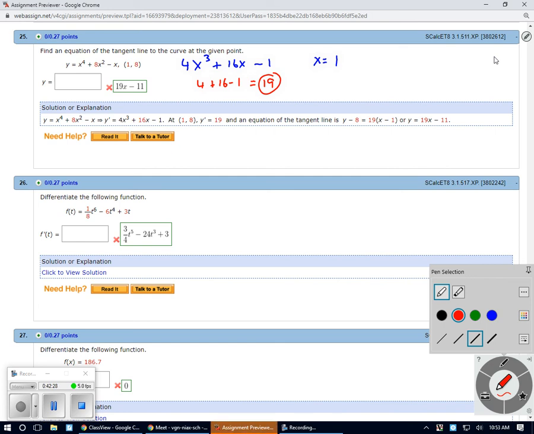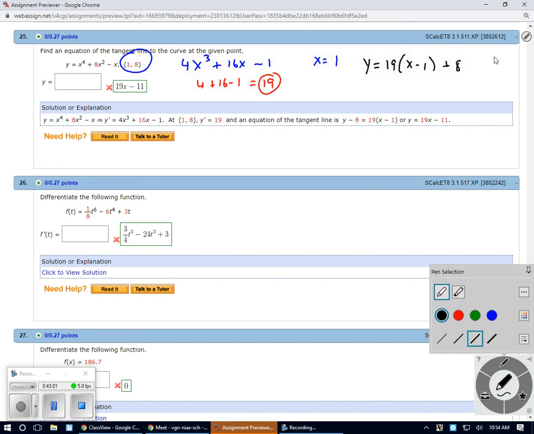It's the slope. It's the derivative, the rate of change at an instant. So the point gives me an equation of y equals m times x adjusted to make it 0, plus 8. If you clean that up, you get negative 19 and positive 8, which gives you the 11 on the end that they have. But that's a good answer right there.